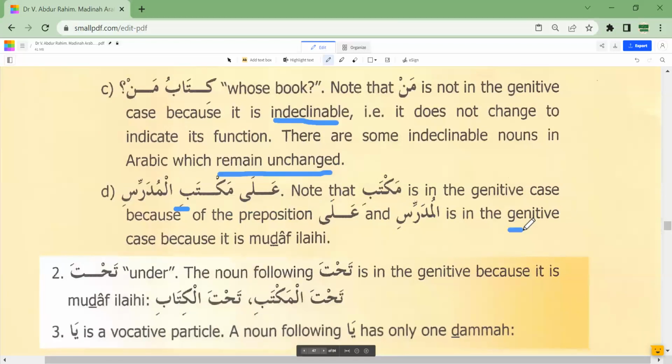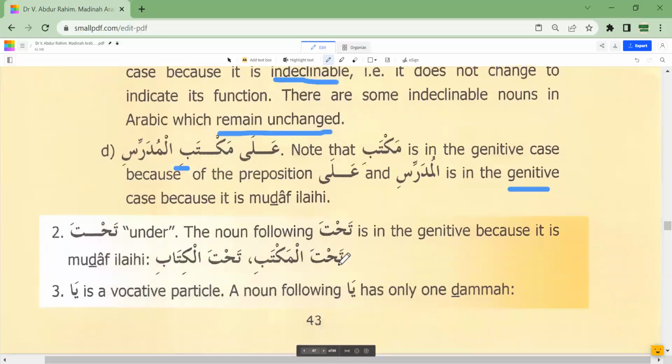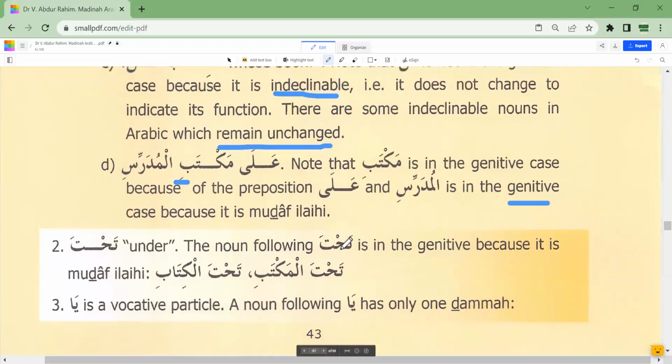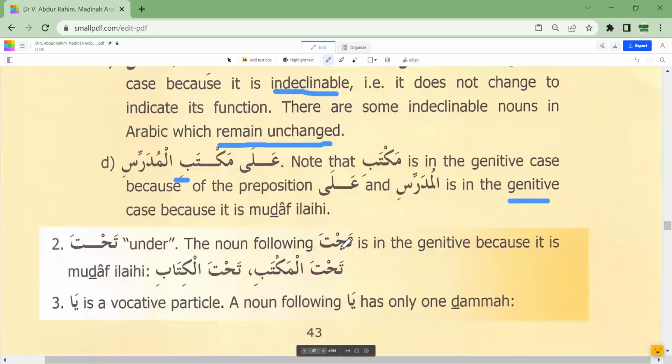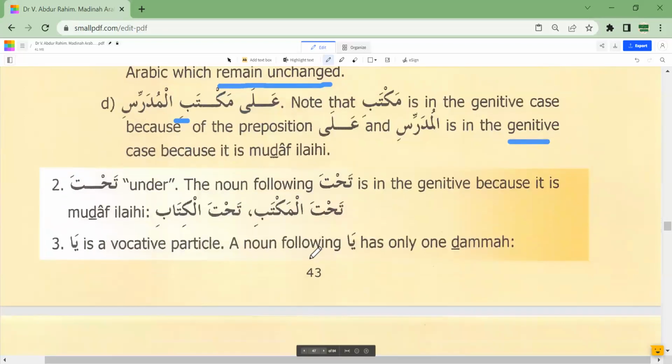Okay, genitive case. Genitive means majroor. And we also read about tahta. Tahta is in the genitive case because it is mudaf ilayh. Tahta al-kitabi, tahta al-maktabi. So this also functions as a mudaf.